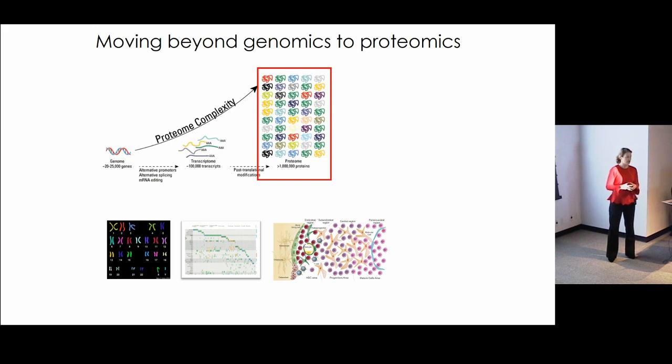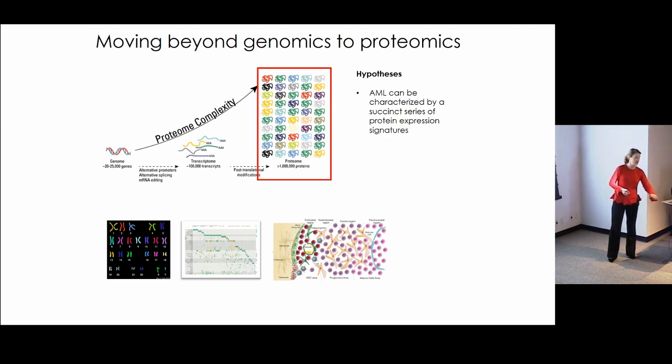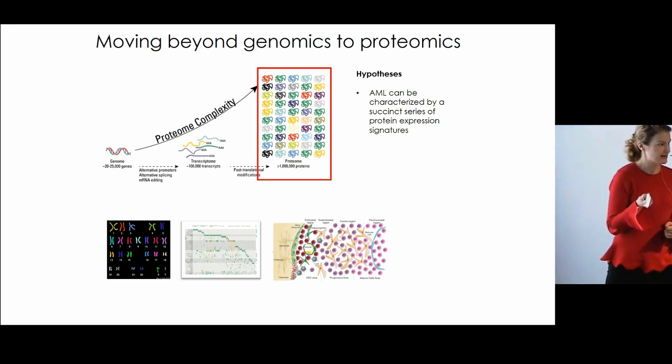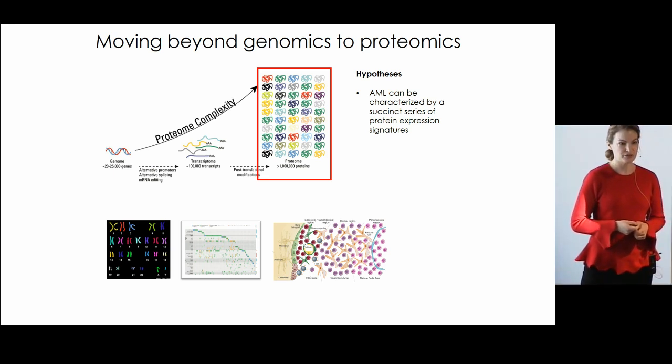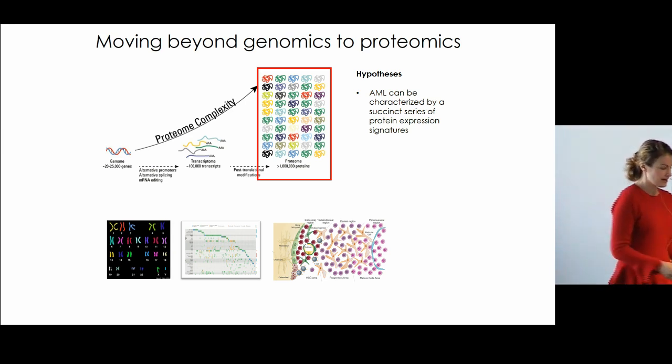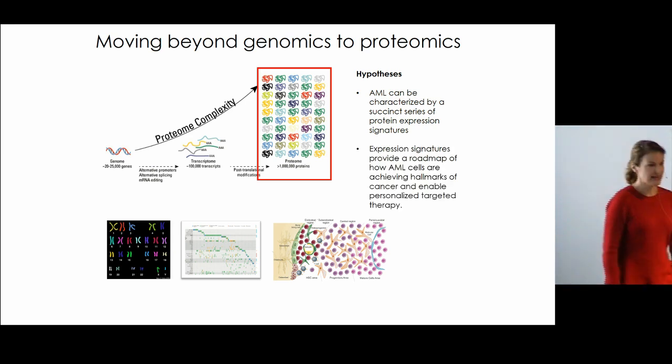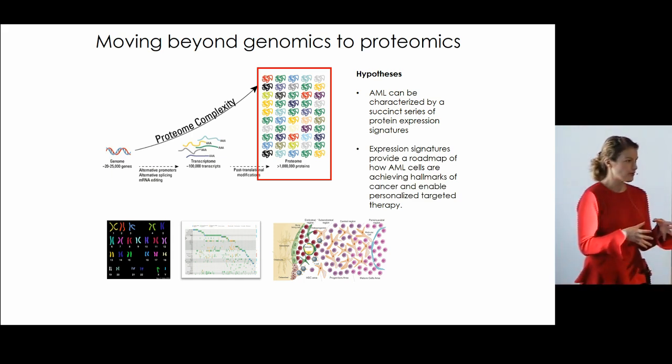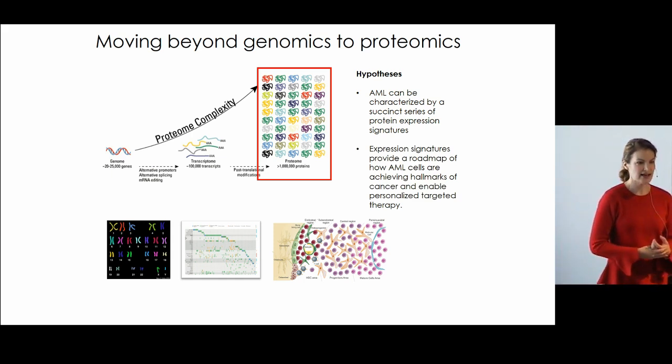We can think of two hypotheses underlying the proteome for acute myeloid leukemia. The first is that it can be characterized by a succinct set of protein expression patterns, or rules, that govern every cell of patients. And the second is, can we use these rules or this signature and look at it from a global perspective, as a roadmap of how you might develop cancer, leukemia?